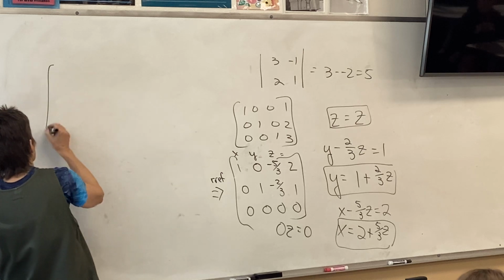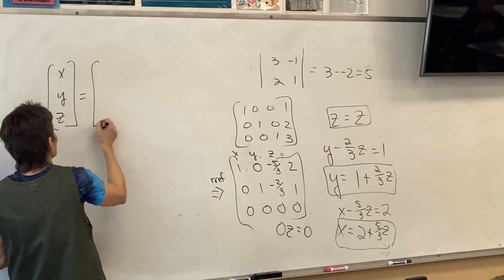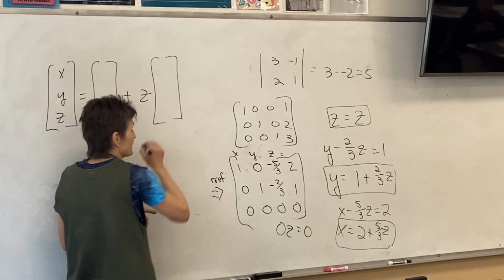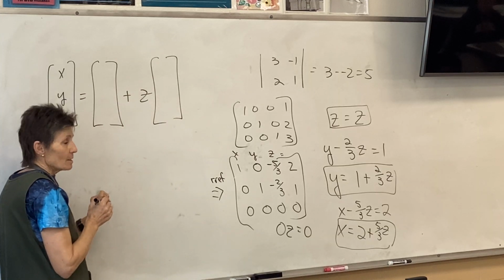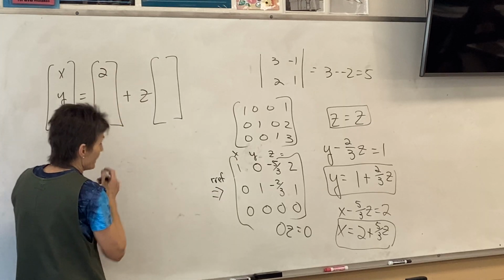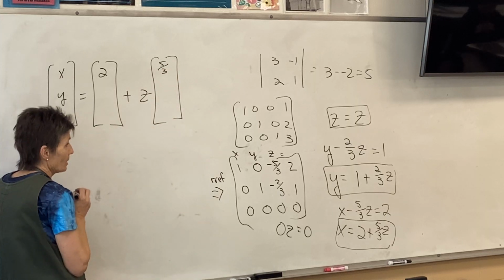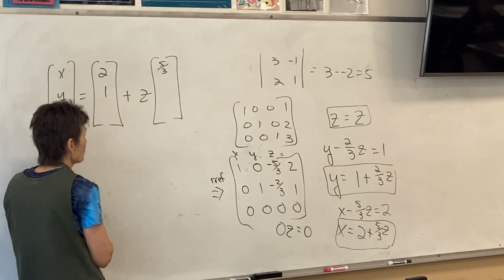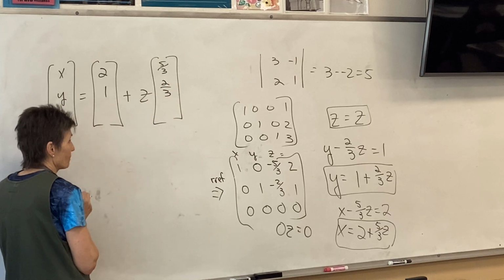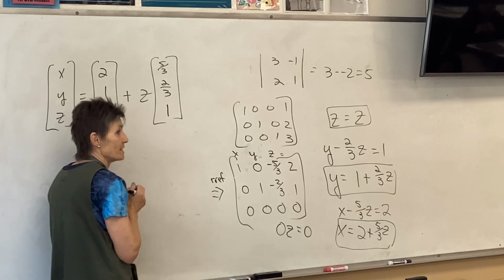So I'm going to say x, y, z equals 2 parts: a number part and a z part. So what is x? His number is 2, and his z is 5/3. Y, his number is 1, and his z is 2/3. Z has no number but 1z.